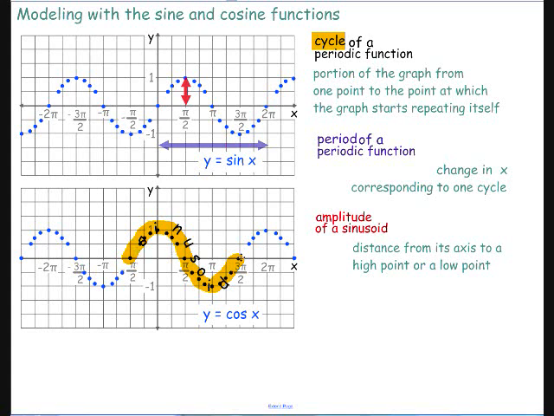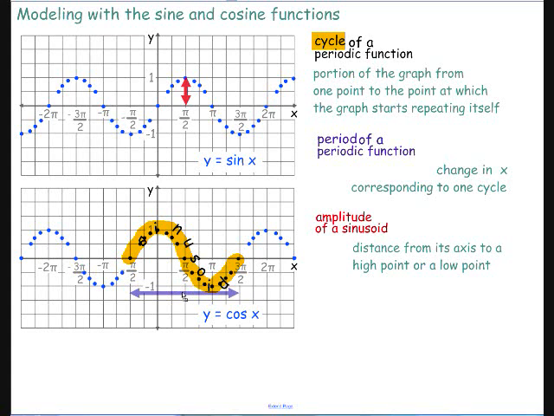It meets the definition. The period of a periodic function is the change in x that corresponds to one cycle. So for both of these we know it's a change of 2π.